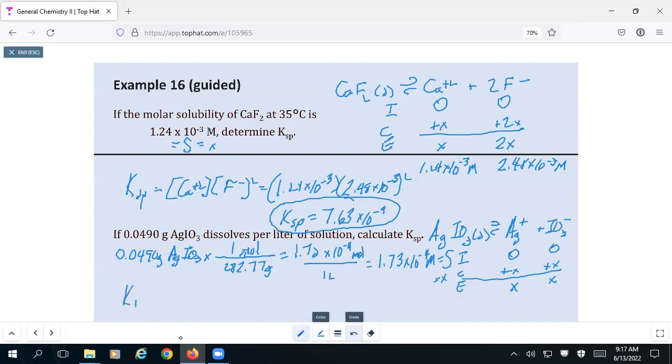So Ksp, since this is my expression, would be equal to the concentration of the silver ion times the concentration of the iodate ion, both to the first power because it is a 1-to-1 ratio. And that would be equal to 1.73 times 10 to the negative 4th quantity squared, because it's x times x.